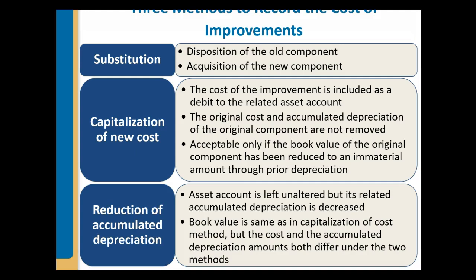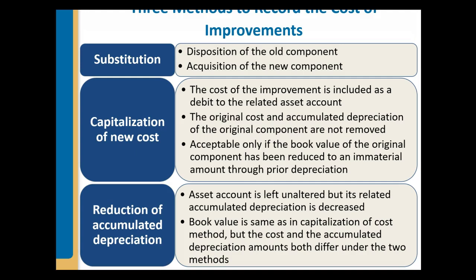Now, this approach is acceptable only if the book value of the original component has been reduced to an immaterial amount through prior depreciation. And then another way to increase an asset's book value is to leave the asset account unaltered, but decrease its related accumulated depreciation.